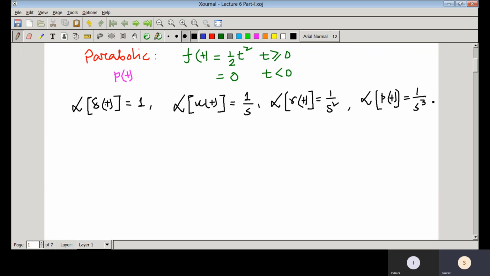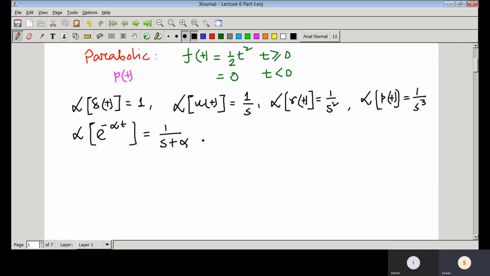There are some other standard signals like exponential, sine, cosine. Here I will just write the transformed functions. The Laplace transform of the exponential signal e to the power minus alpha t, where alpha is a real number, is 1 by s plus alpha.